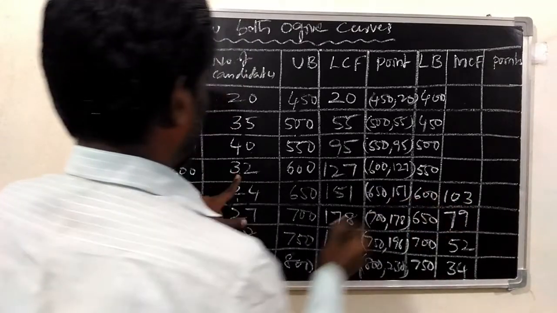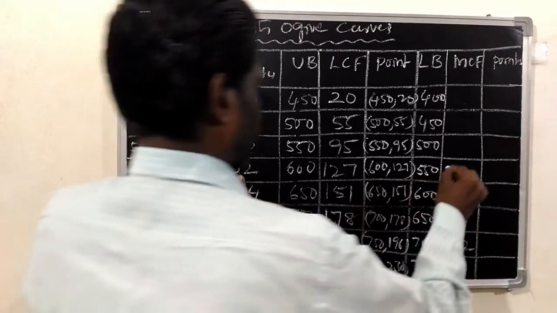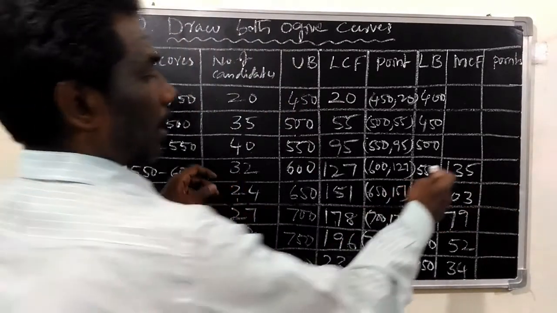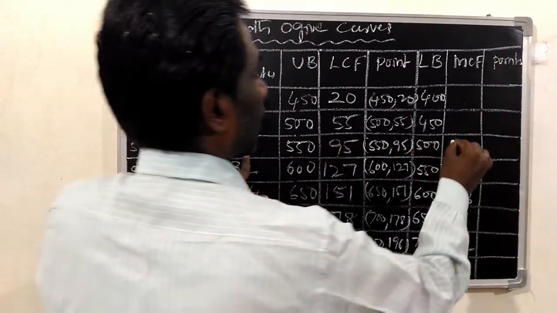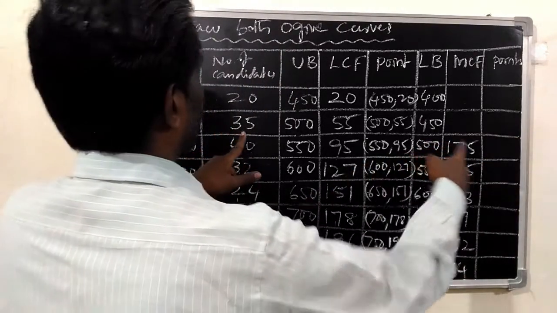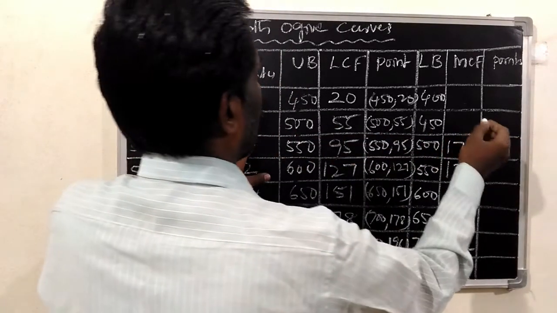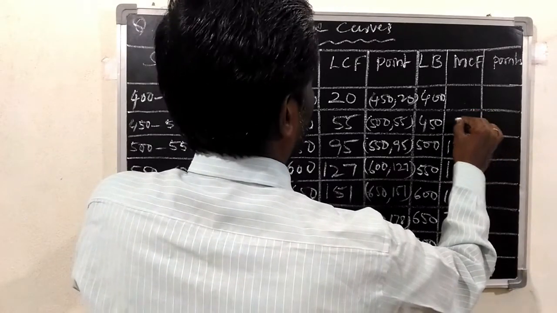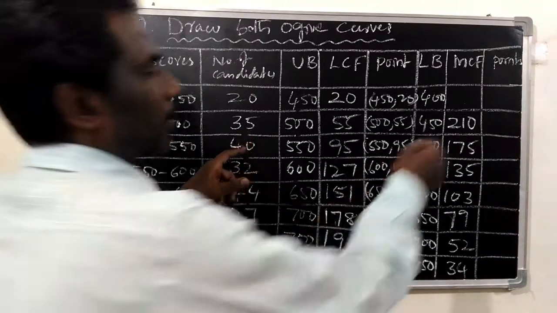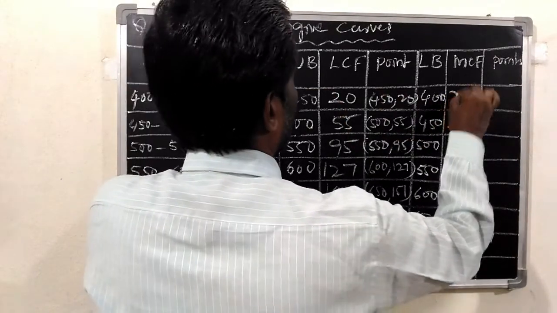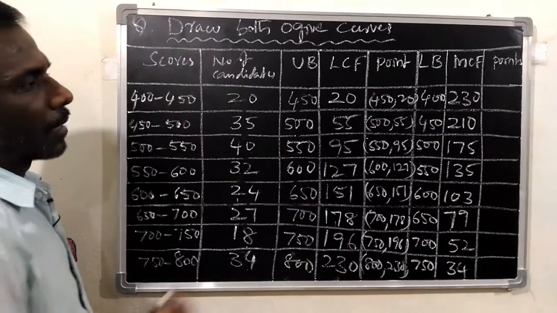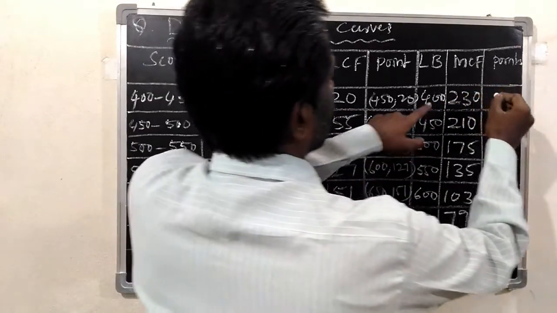After 103, add 32, 135. 135 plus 40, 175. 175 plus 35 is 210. 210 plus 20, 230.